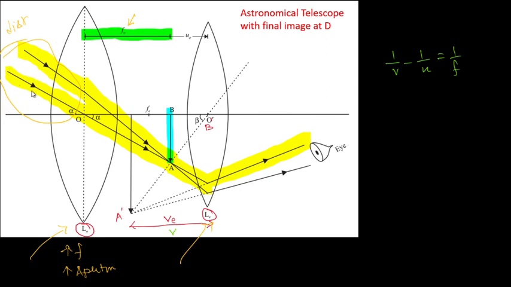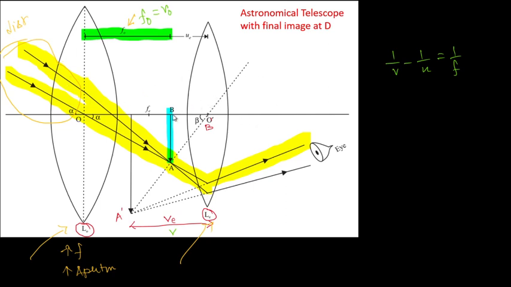A parallel beam of light forms an image at the focal point, and therefore the image distance of the first lens is equal to what? FO. Are you able to follow this? That is here FO, which is nothing but the image distance VO of the first objective lens.